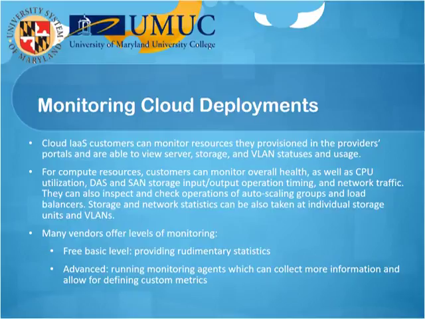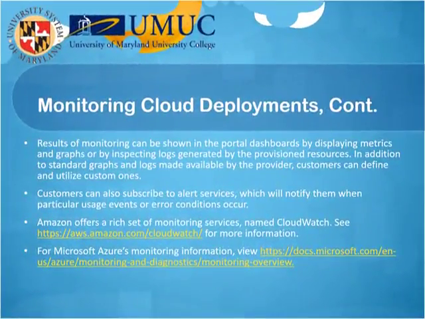Many vendors offer levels of monitoring, for example, a free basic level, which provides rudimentary statistics, and an advanced level, running monitoring agents which can collect more information and allow for defining custom metrics. Results of monitoring can be shown in the portal dashboards by displaying metrics and graphs, or by inspecting logs generated by the provisioned resources.